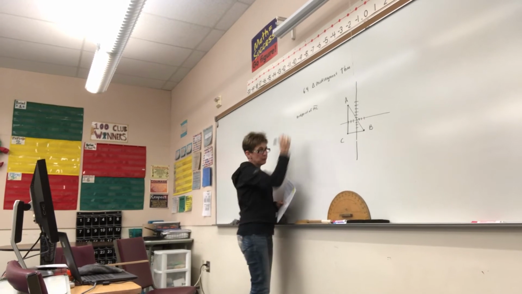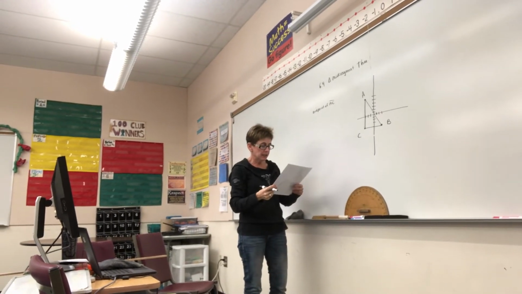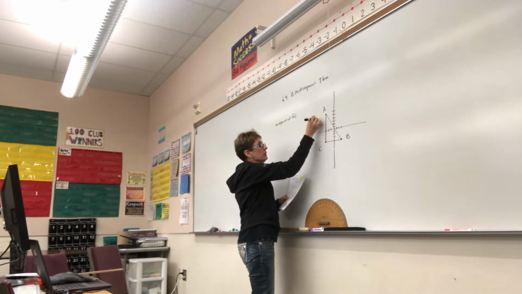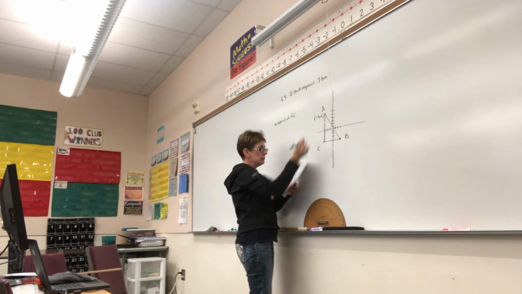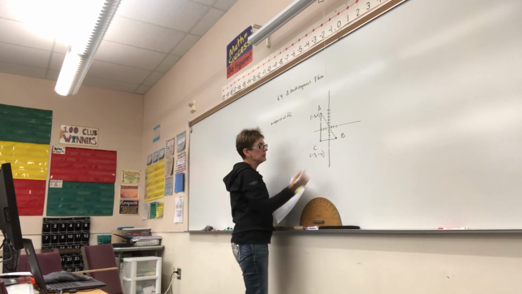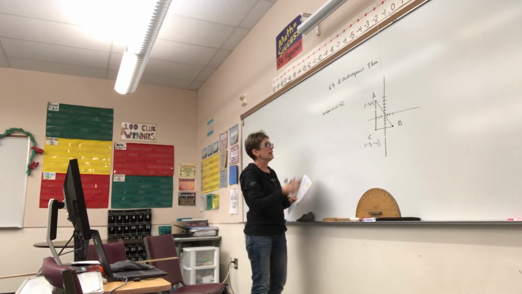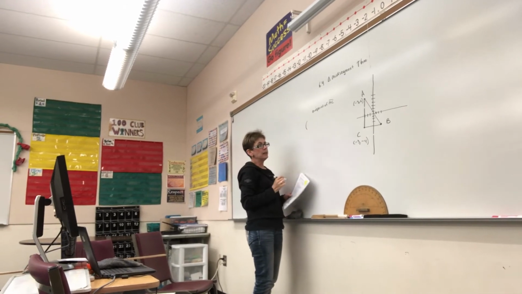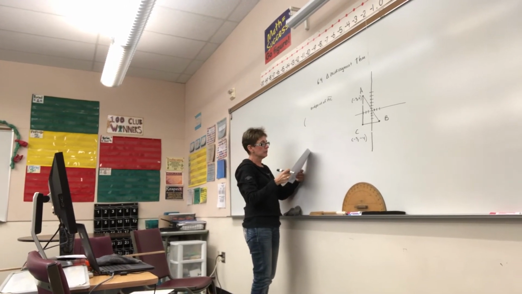Now the midpoint formula is something that we talked about in chapter 1, so that formula should be familiar to you. Basically, when calculating the midpoint, we add up the x's and divide by 2, and then add up the y's and divide by 2.